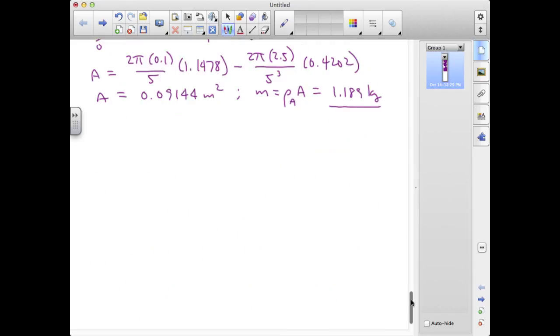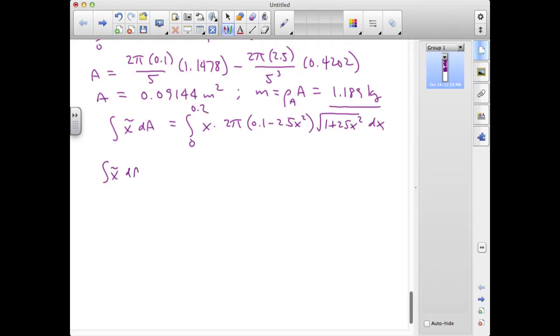Okay, now we also have a second integral, which is the integral of x tilde dA. And x tilde, again, is just x. So we could write this as the integral from 0 to 0.2 x times 2 pi r dl. And I can use the same substitutions I used before. And what I'm going to end up with now is that this integral could be written as 2 pi times 0.1.